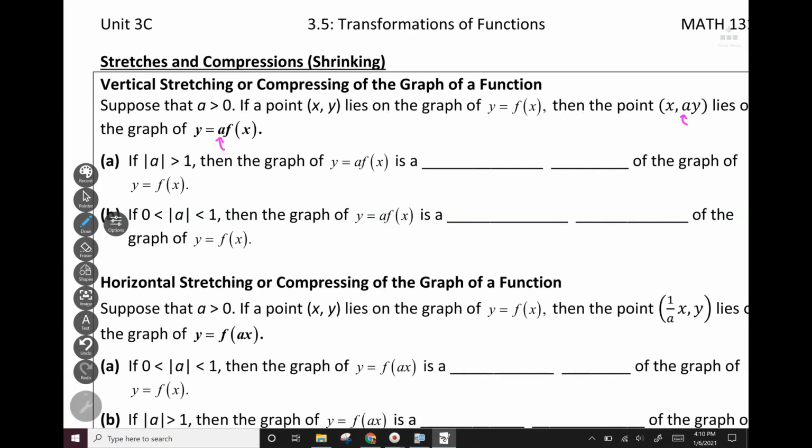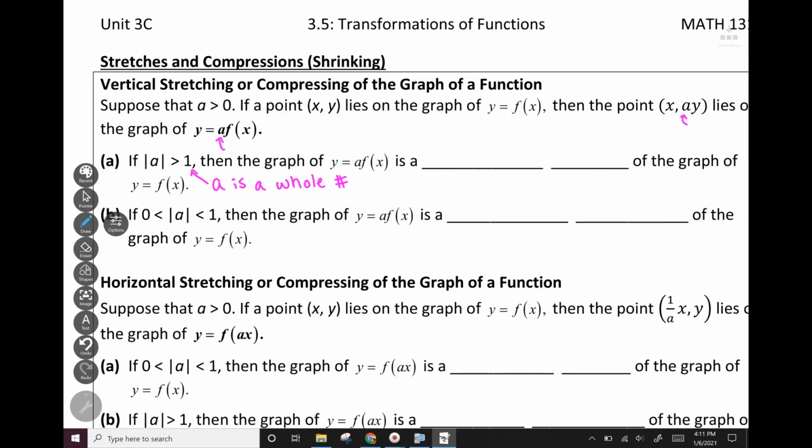If the absolute value of a is greater than 1, so a is a whole number, the absolute value of a is greater than 1. So it doesn't matter what the sign is, take the sign off.